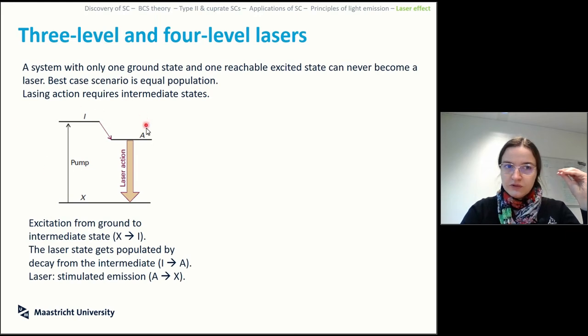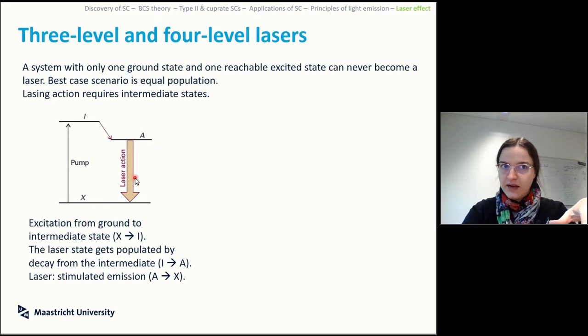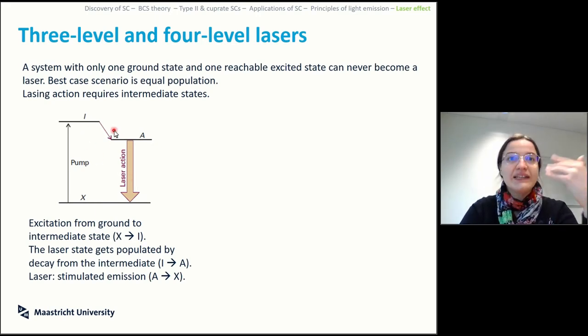So what you can have is either from a ground state to an intermediate state, and then the intermediate state has the quick collapse, but instead of collapsing back into the ground state, you collapse into an intermediate level. So that intermediate level is the one that is getting fed by this series of excitation.